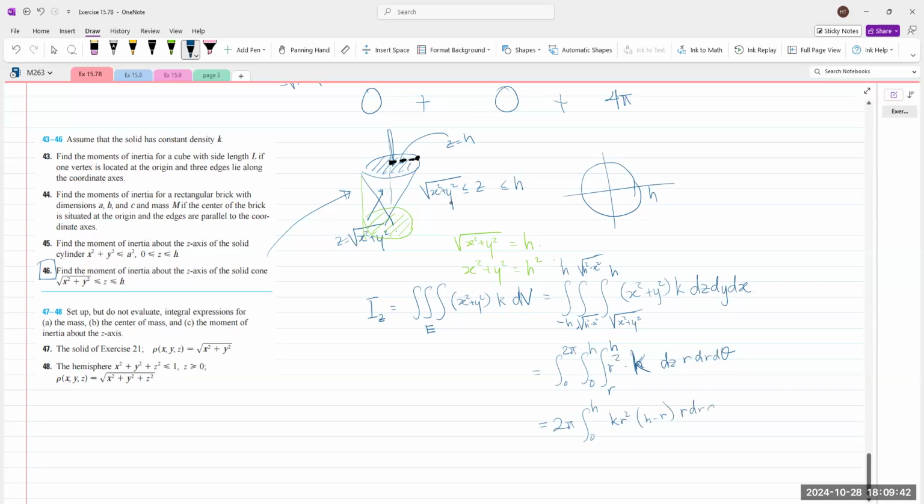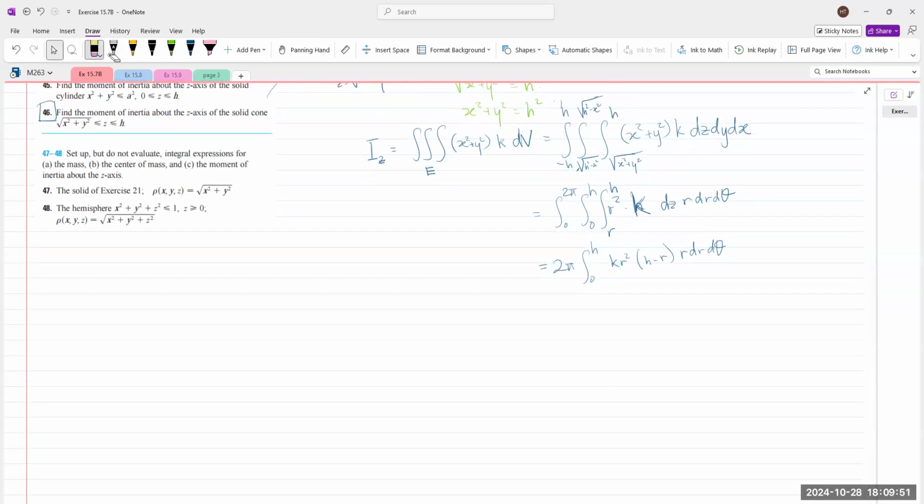Maybe r cubed right away, so I save one step.